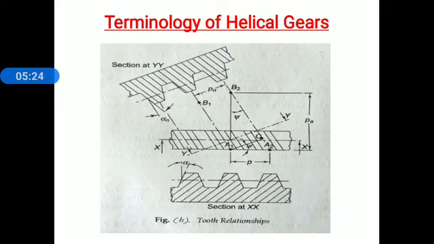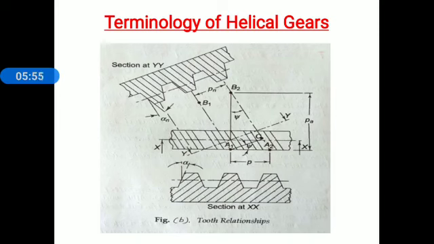Now observe the sketch. XX is the plane of rotation while YY is the plane perpendicular to the tooth element. The distance A1A2 is called transverse circular pitch and denoted by the letter P suffix t, and this is measured along the plane of rotation.